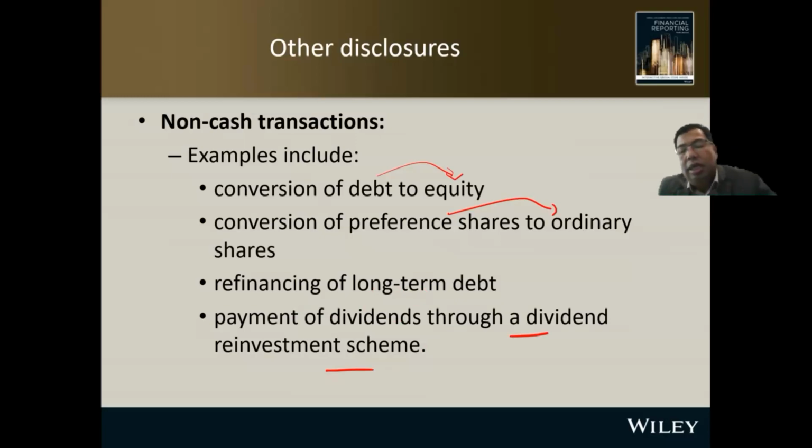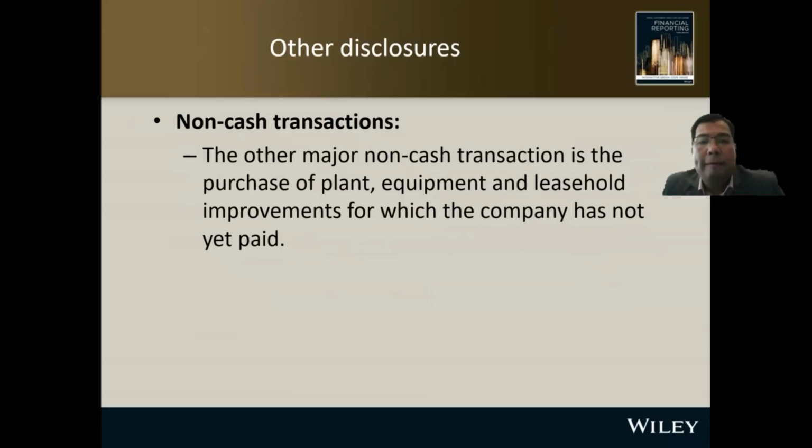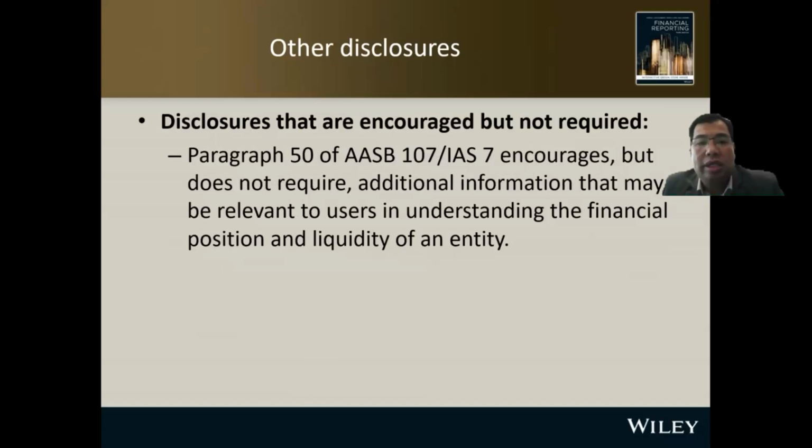So these are other non-cash examples that you need to disclose in your financial statements. Investing and financing transactions that do not require the use of cash or cash equivalent shall be excluded from the statement of cash flow. The other major non-cash transaction is the purchase of plant, equipment, or leasehold improvement for which the company has not yet paid. So that is not involving your cash.